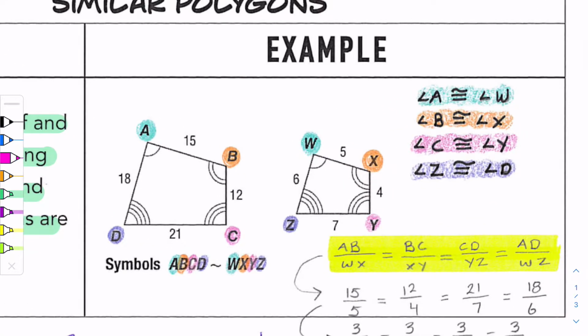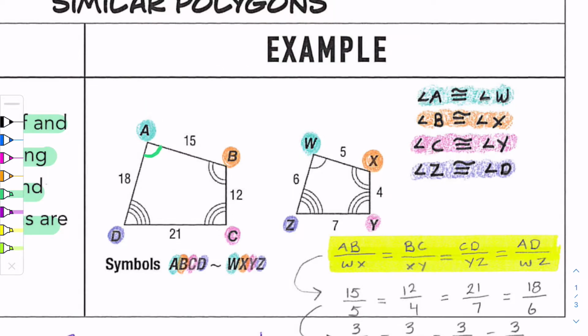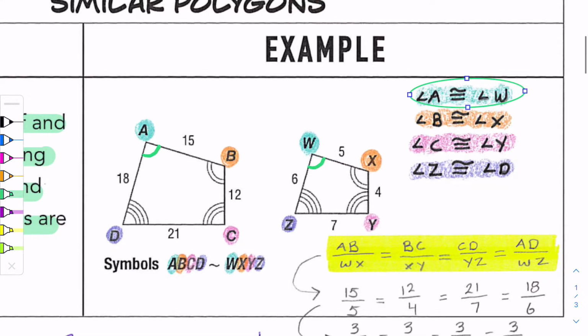For the example, you can see that we have the angle indicators marked between angles, and over here I labeled every congruent angle. Angle A is congruent with angle W, angle X and B are congruent. I know that because of these angle connectors, or the marks.